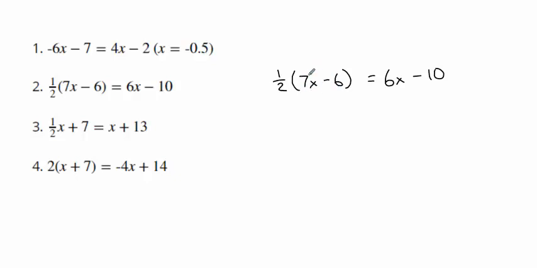So this is 1/2 of this quantity. If I double it, multiply it times 2, then I'm going to end up with 7x minus 6, right? If I take this whole thing and multiply it by 2, instead of half, I'm going to have one whole, all of this part.